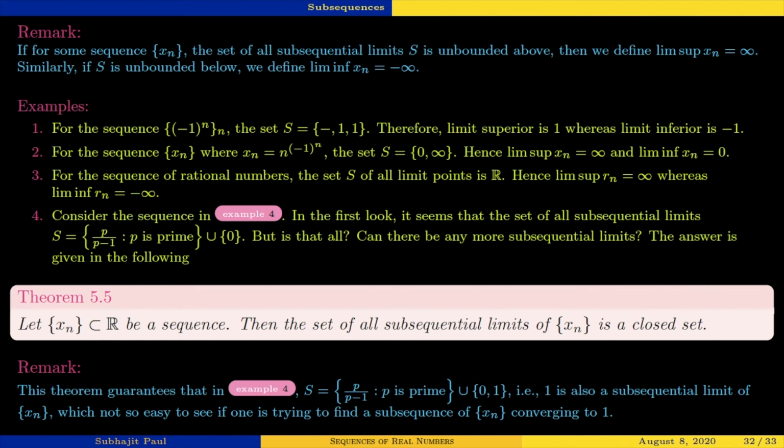And why bother, when a finite set is always closed? Why prove a theorem for that? So then I came up with this example which has infinitely many convergent subsequences, so that we actually need this theorem to guarantee that 1 is also a subsequential limit.